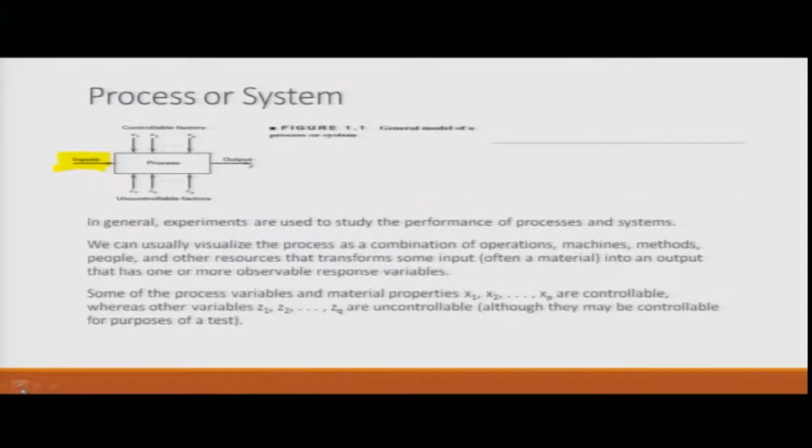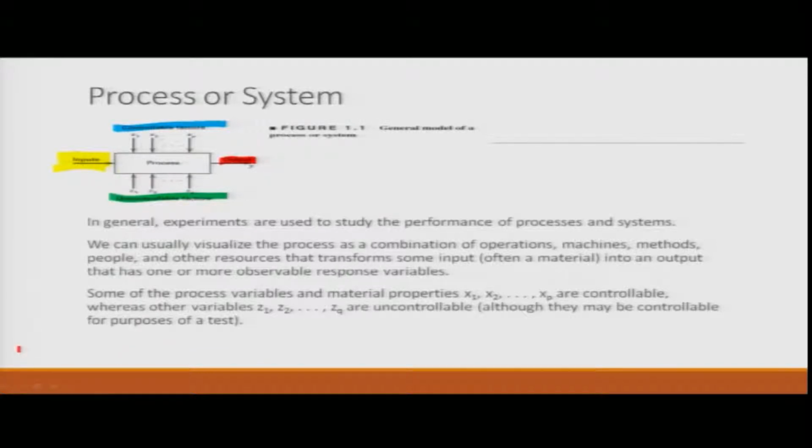One is the uncontrollable factors, which you cannot control as per the experiment, and the other is the set of controllable factors, and based on that you have an output. Your main task is to find out the comparison of, say, the input and the output, in order to understand how the whole system changes.